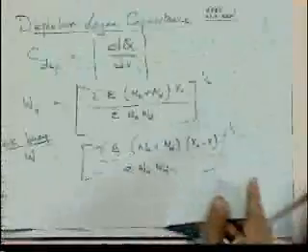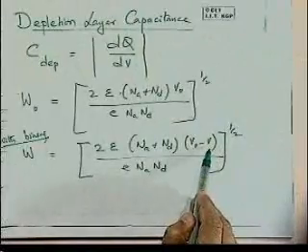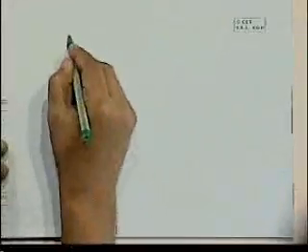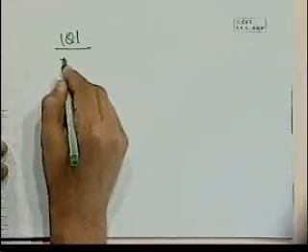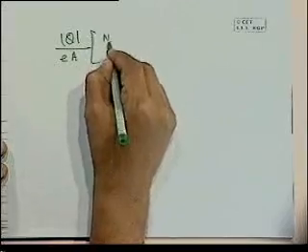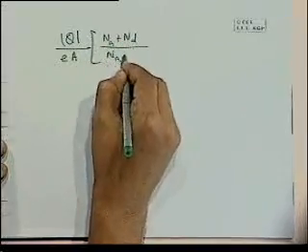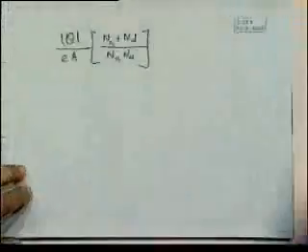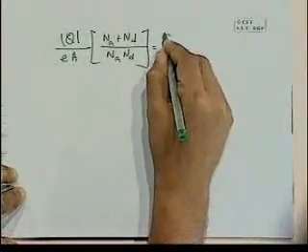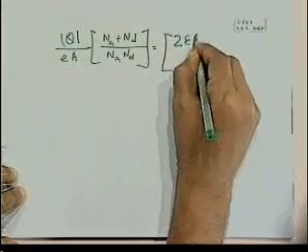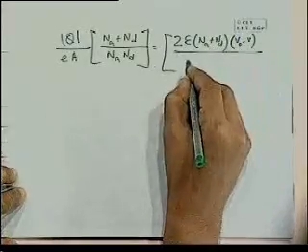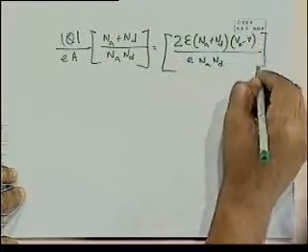You see, we just had a term here that related W to V. And now I've got W here in terms of Q. So if I replace W in that equation there, we will get that Q, I'm replacing W simply by eA times (Na plus Nd) by Na Nd, which is just the expression for W that we obtained just now, is equal to the expression that we had for W, 2 epsilon (Na plus Nd)(V0 minus V) by e Na Nd, the whole raised to the power half.